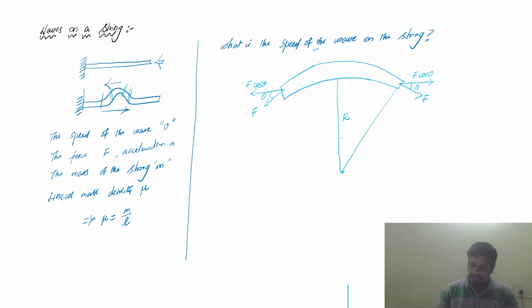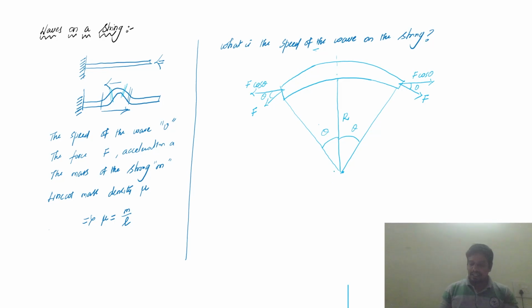From the center, the right end makes angle theta with respect to the bisector of the arc, and the left end of the small cross section makes another theta.